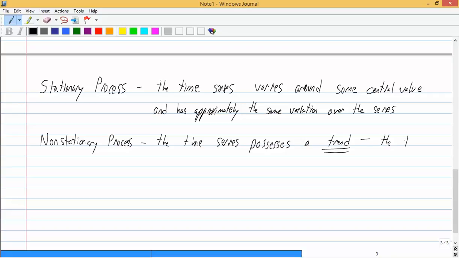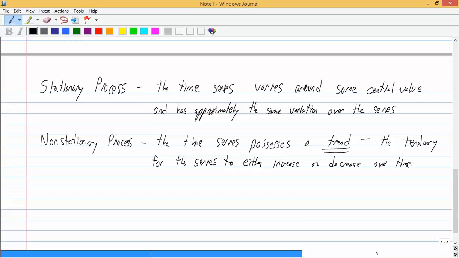It would be the tendency for the series to either increase or decrease over time. Alright, so these are the two processes that time series data would come from.